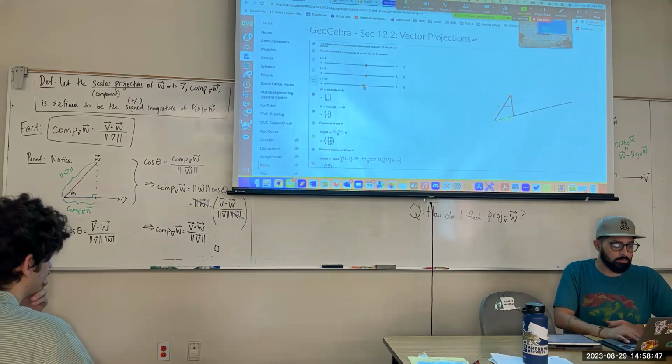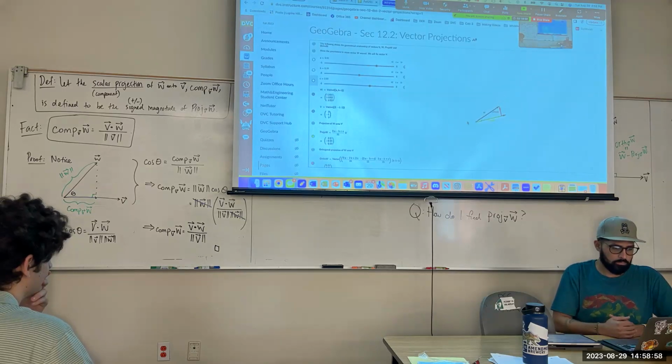If I change W, look, this is going to be true regardless of what W looks like, even if W is pointing in the opposite direction.